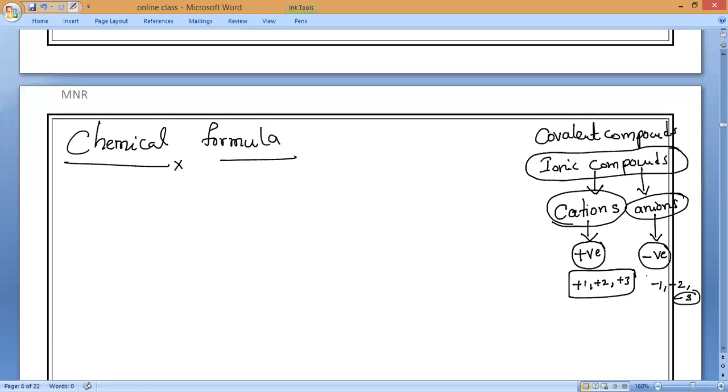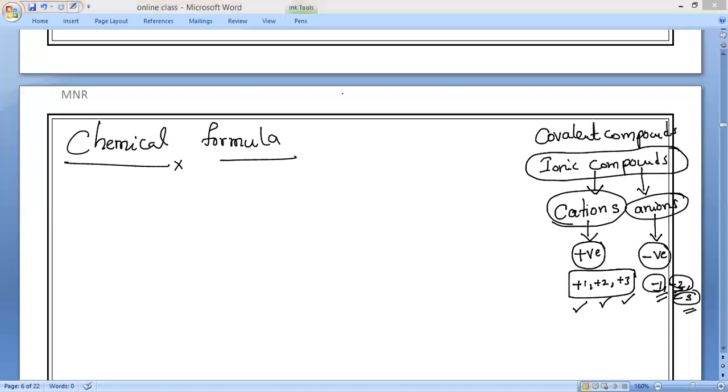That means cations can donate either 1, 2, or 3 electrons at most, and anions will receive either 1, 2, or 3 electrons. That is the meaning of that. Is it clear, everyone? Please respond. Good morning, Mitakshri. That is what you have to remember.